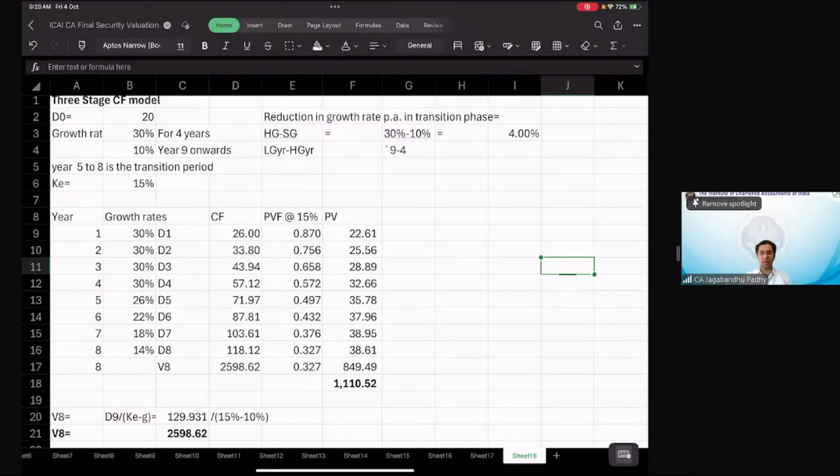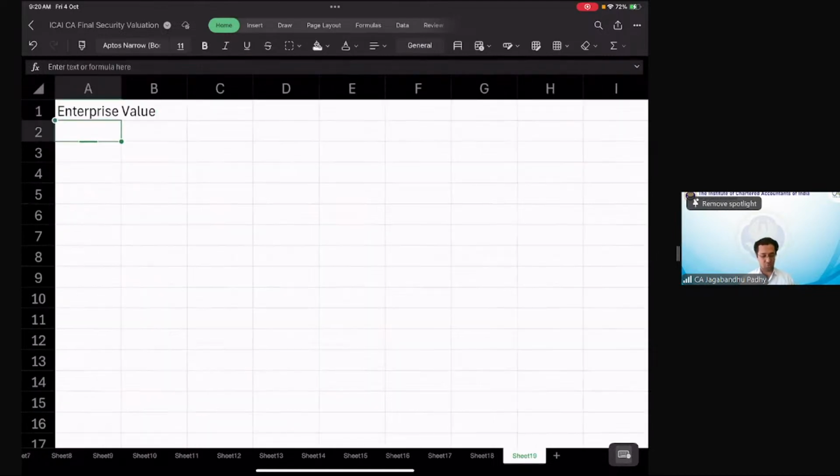So let's go for the next. Are we all done, everyone? Shall we go for the next concept, which is the enterprise value? Enterprise value means basically the value of the business as such. Right? So enterprise value is simply the value of the entire business.